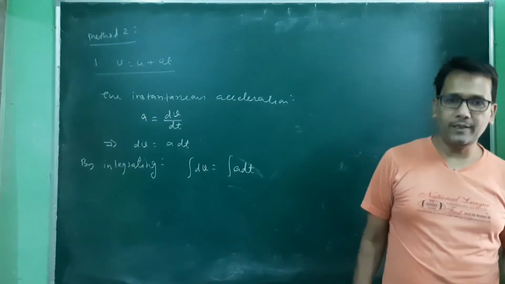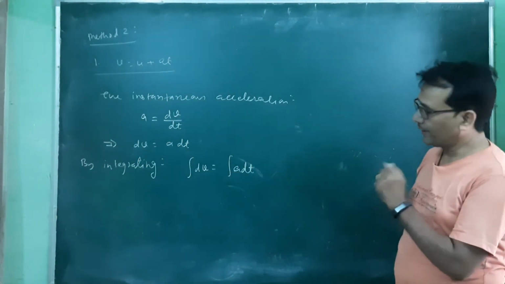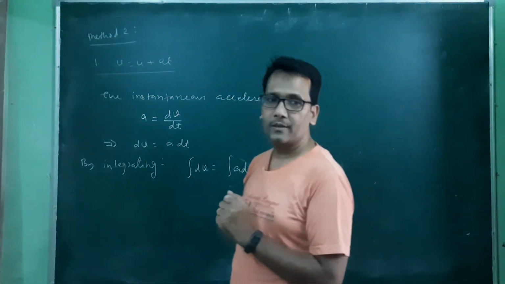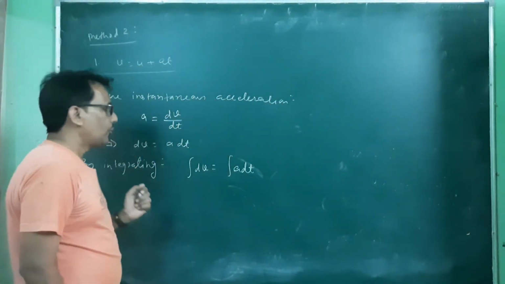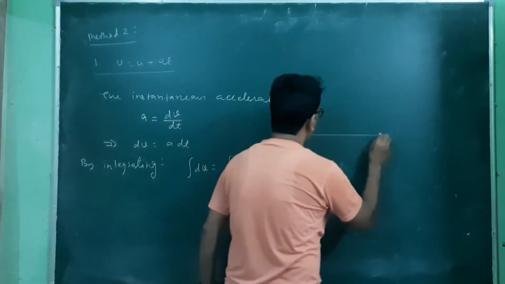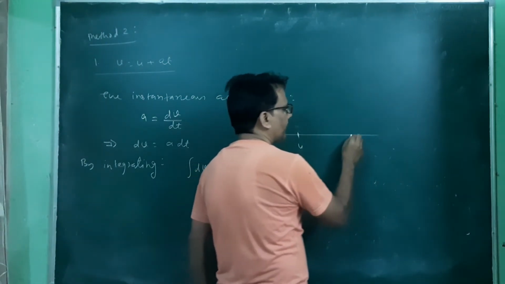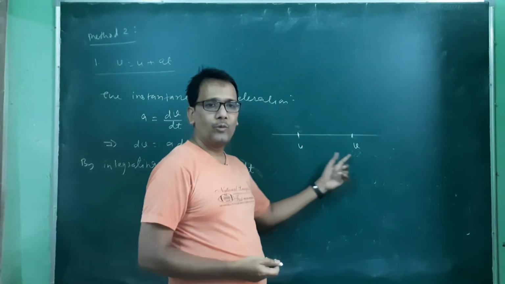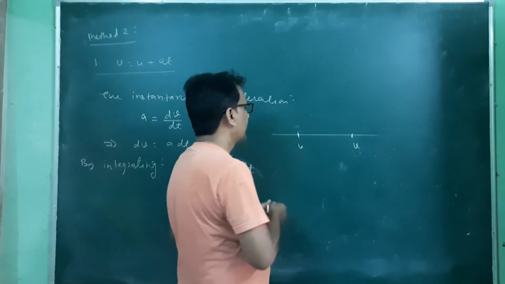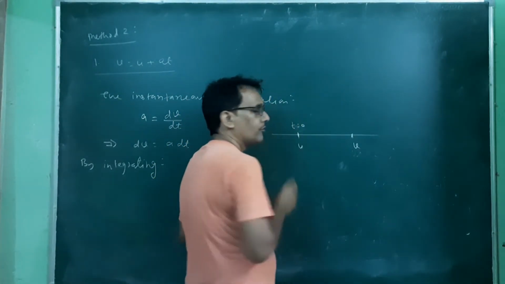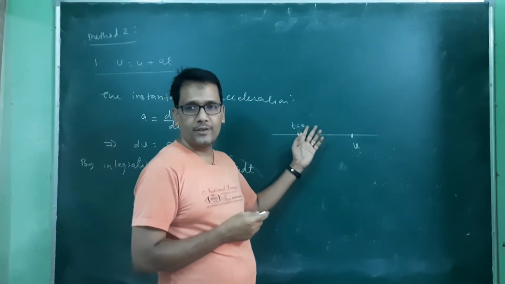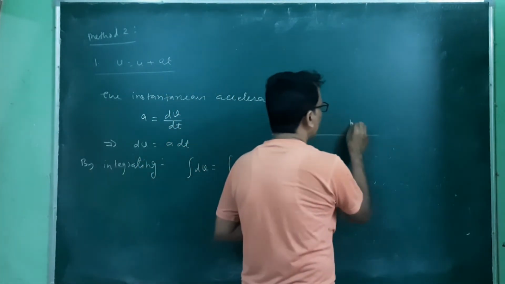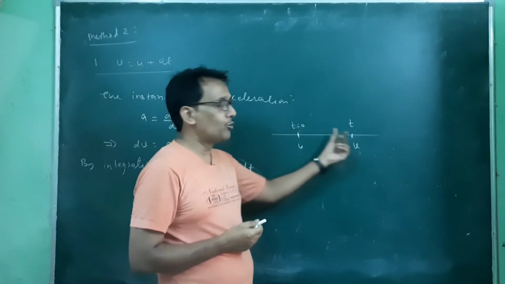हमने integration कर लिया है, so we have to put a lower limit and upper limit. So here the initial velocity is u, and the final velocity is v. So the lower limit of velocity is u and the upper is v, and the lower time is t equal to 0. So initial velocity is taken at t equal to 0, and the final time is t. So the limit is from 0 to t.